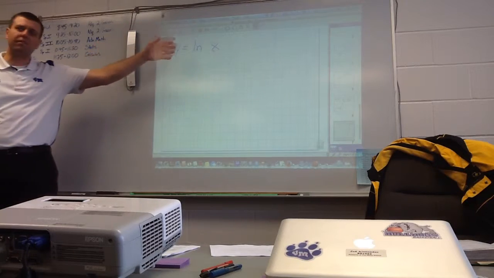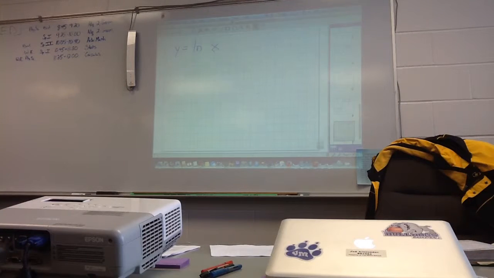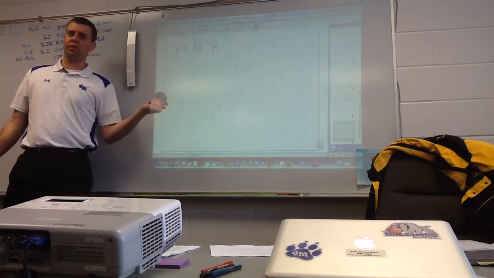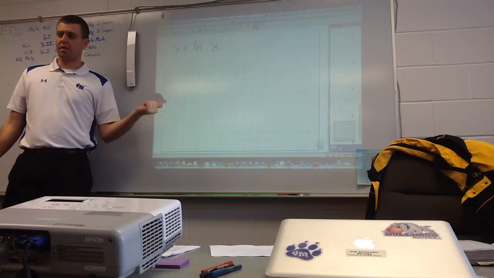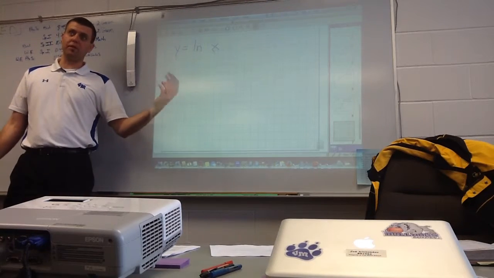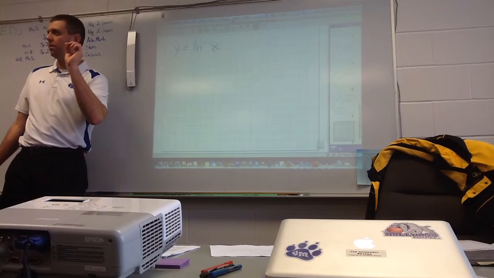If this is the inverse function, this is one that isn't always necessarily easy for some people to figure out. But if this is the inverse function of that previous exponential function we did, the coordinate on that previous graph that you had to make sure your graph went through was 0, 1.